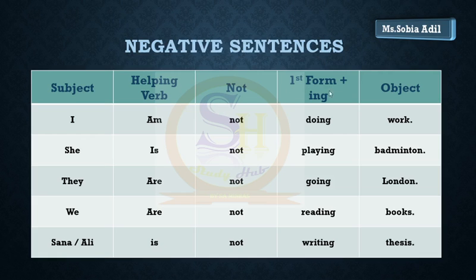Then comes first form of verb plus ing, and then comes object. For example, I am not doing work, she is not playing badminton, they are not going London, we are not reading books, Ali is not writing thesis. So these are the examples of negative sentences.